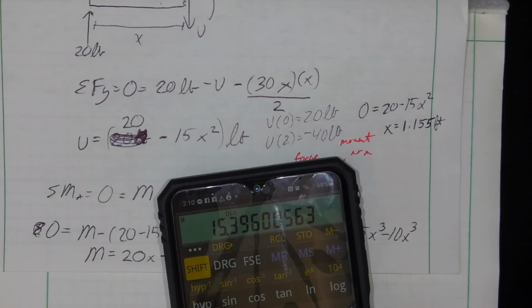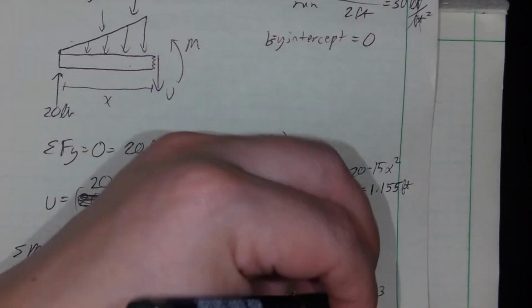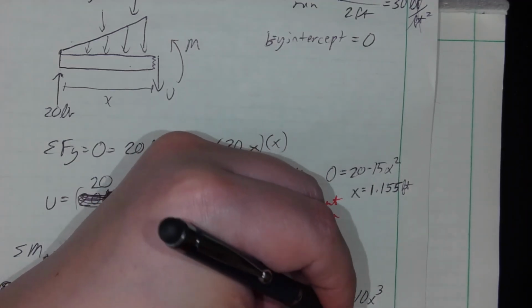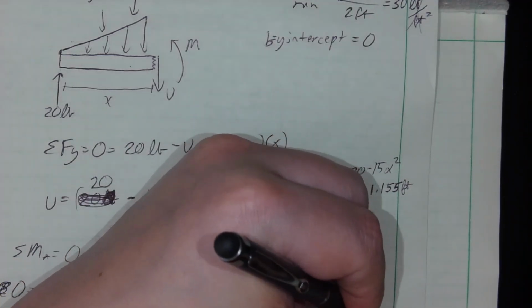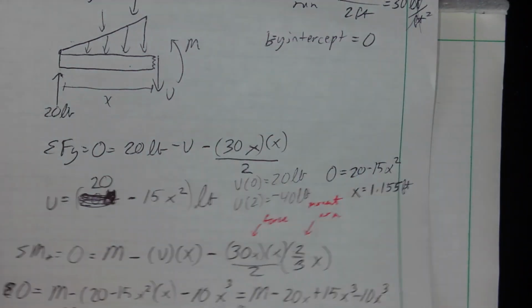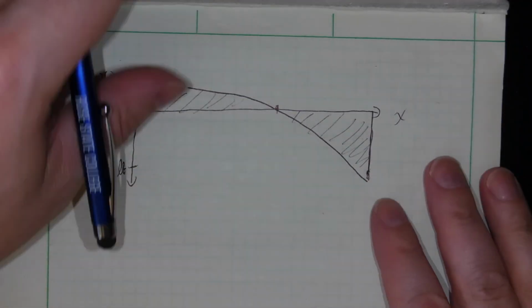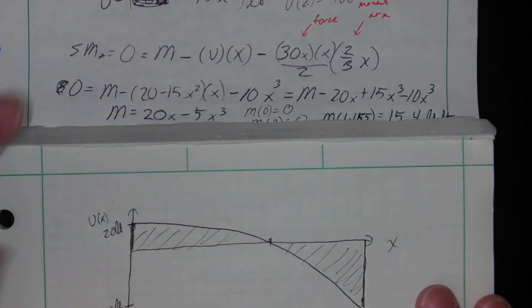I've got some glare, so I'm double checking my value against what I've got in my notes. I've got a value there of 15.4, basically. And the units there are going to be pound-feet. So that's going to be my max moment.